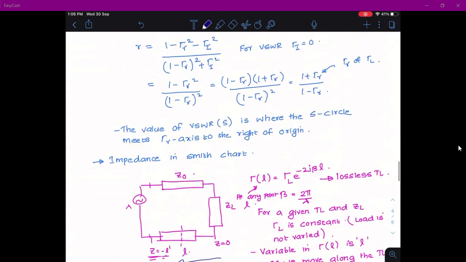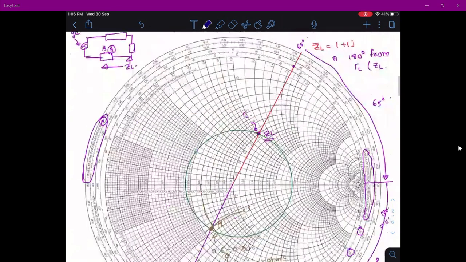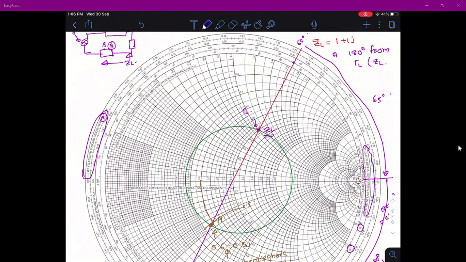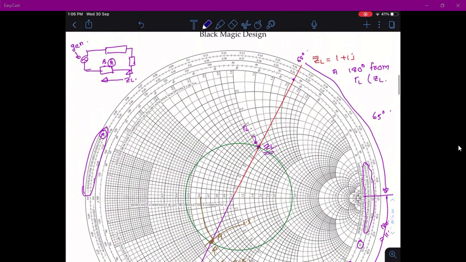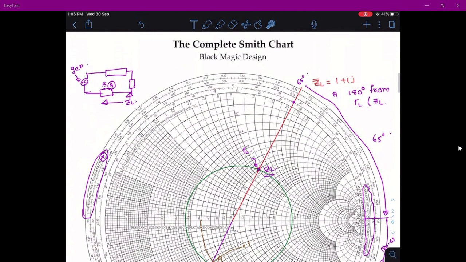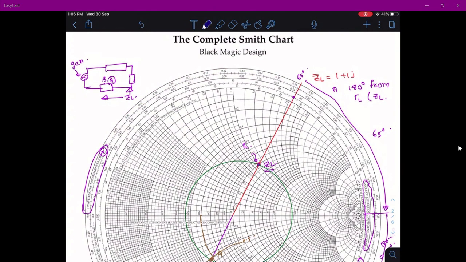Okay, there is one more thing: instead of using the angle of reflection coefficient, you can also use the wavelengths towards generator. If you look here, whatever is marked is the wavelength towards generator. You see this is 0.11, 0.12, 0.13.